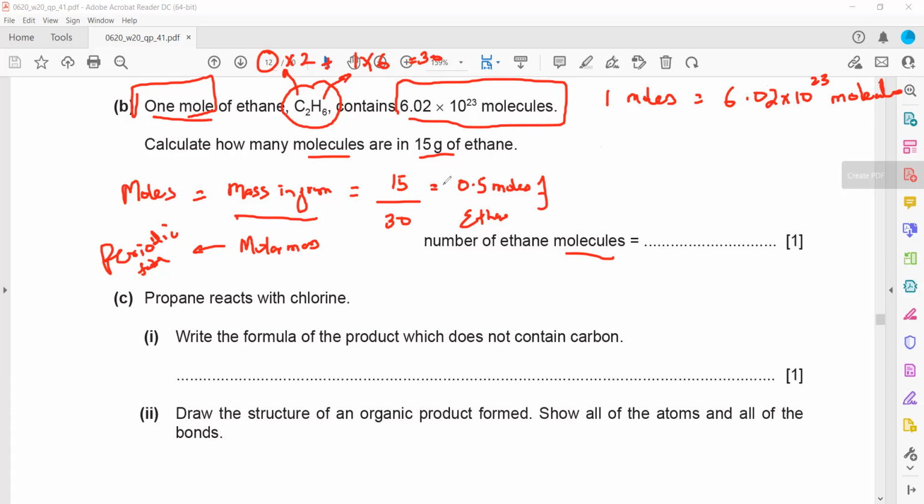So in the question, we have 0.5 moles. If we have half a mole, then how many molecules will be there? We cross multiply. So 0.5 multiplied by 6 exponent 23 comes out as 3.01 into 10 to the power 23 molecules.